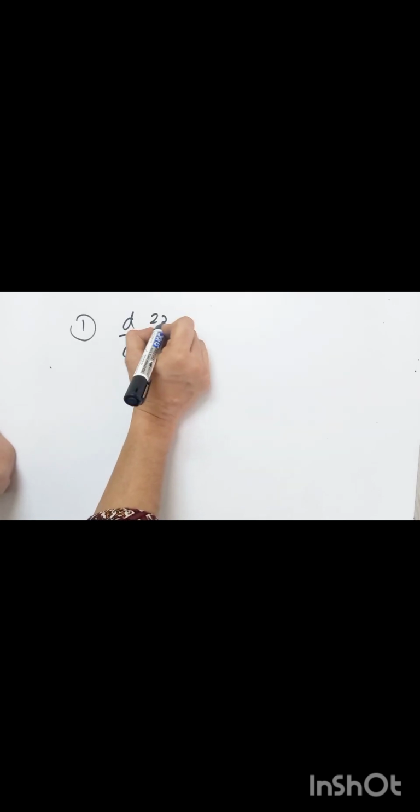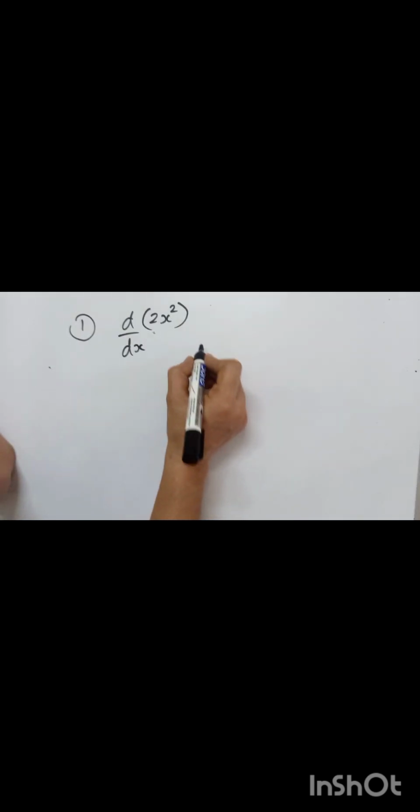Anyway, first we can do some simple problems based on these formulas. First, let the question be, find the derivative of the function 2x square. So here, derivative of any constant is equal to 0.